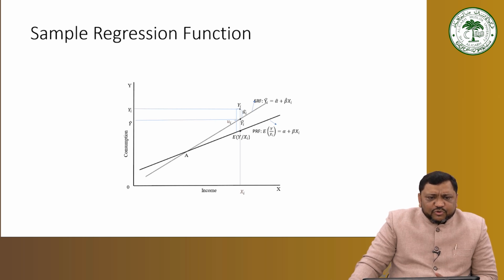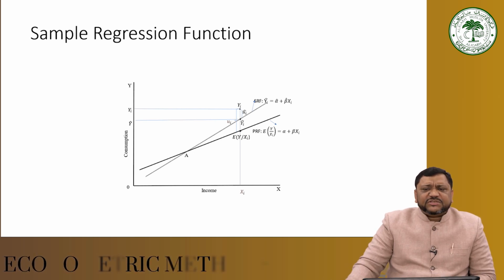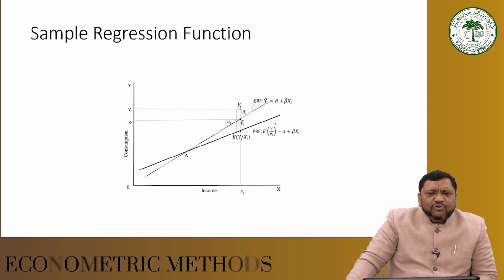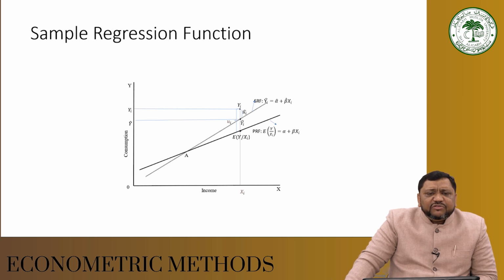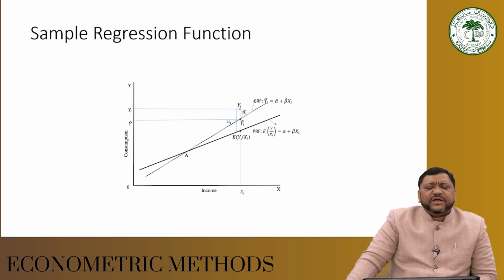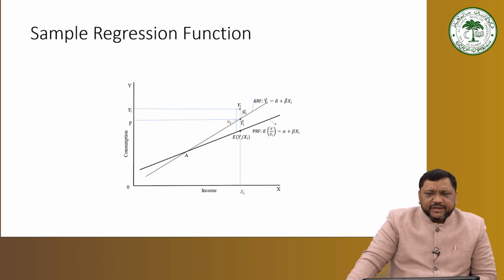Now, take a point A, and here it was denoting xi. If we take this xi, then yi over here overestimates the true expected value of y given x. In terms of xi, our sample regression function is overestimating.